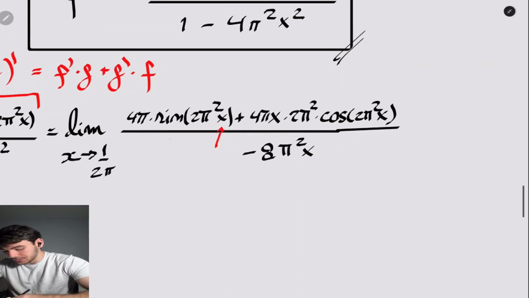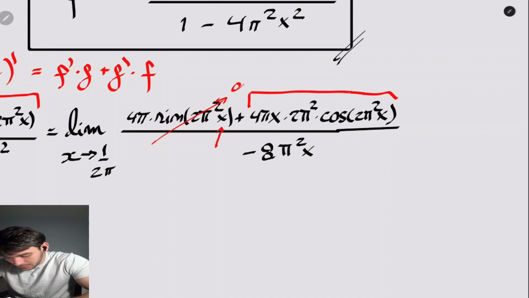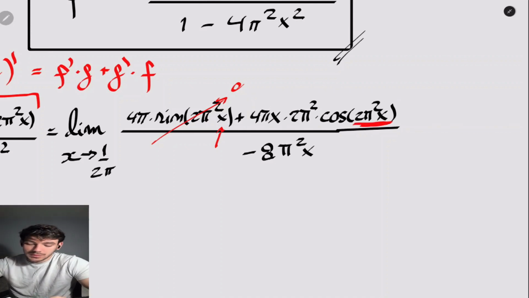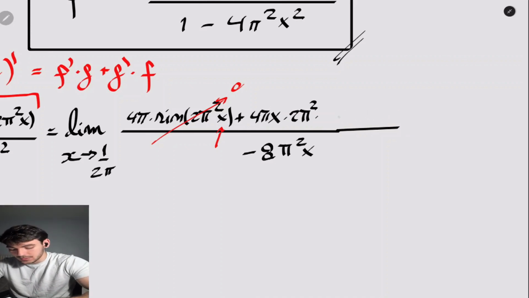So this whole term here is 0. So let's analyze this part right now. So this one will be 2 pi squared times 1 divided by 2 pi. That's cosine of pi, that's minus 1. So I'll just erase it and put minus 1. This minus 1 will cut out with this negative, so I'll just erase it.